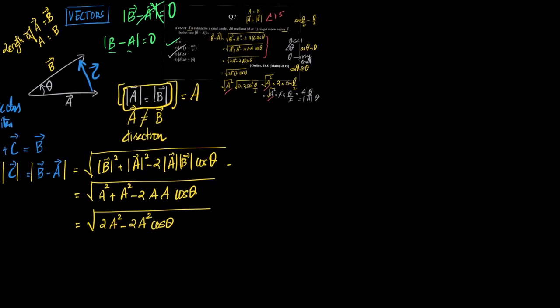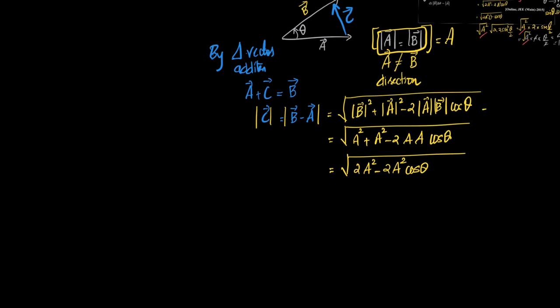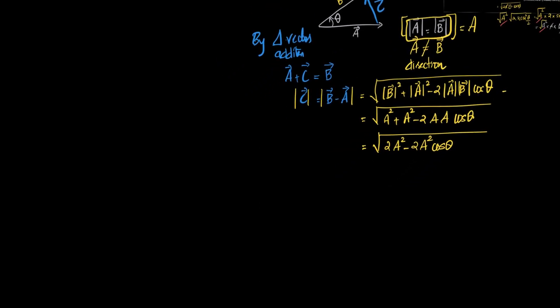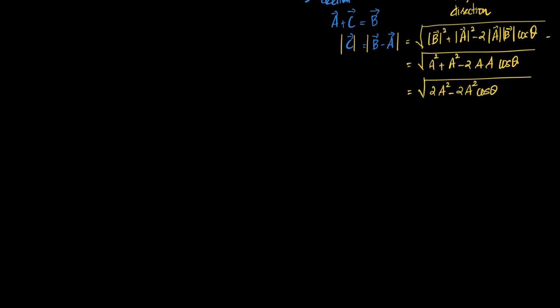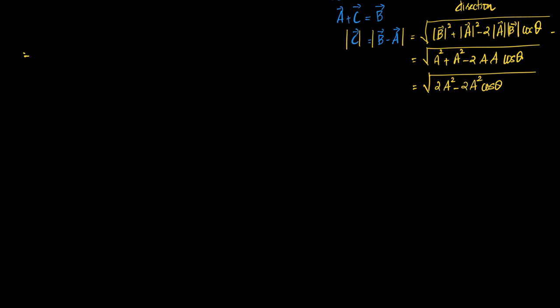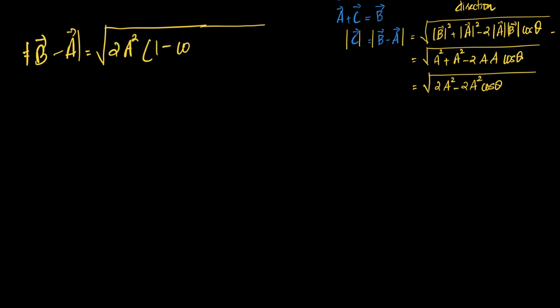So I think it's better if I write this maybe like this. Okay, so what I can do here is write mod of B minus A is equal to root of, I can take 2A square common, so it becomes 2A square into 1 minus cos theta.